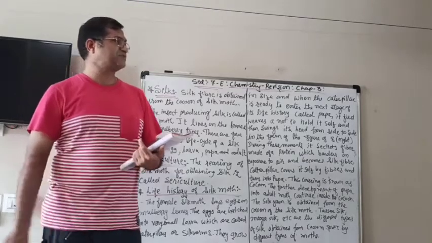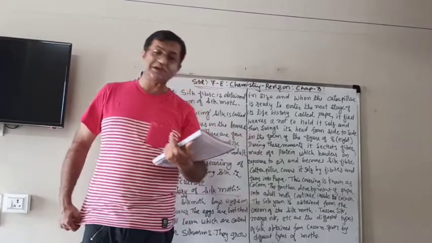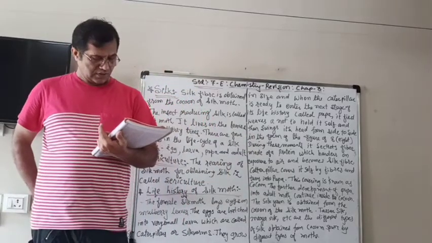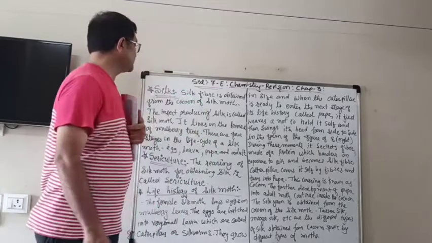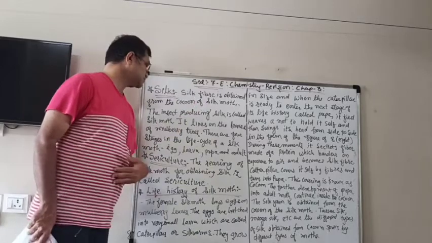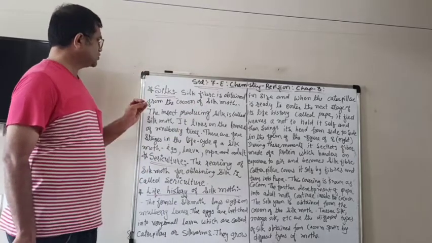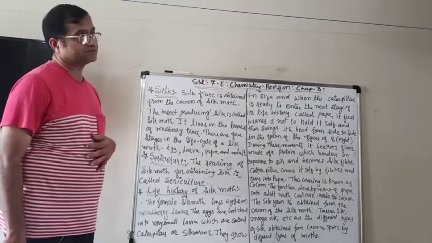The silkworms spin the silk fibers. So we obtain the silk from the cocoon of the silk moth. This insect producing silk is called the silk moth.